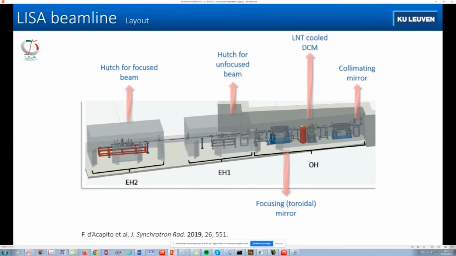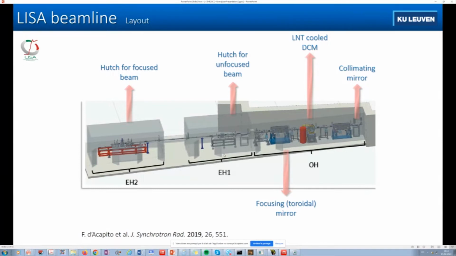And the most important is the monochromator, which is a double crystal silicon that has to define the exact wavelength, because you know that the light coming from the X-ray source is white. So it has all the wavelengths. So you really need to select the exact wavelength with the two crystals. So this is a big machine, and you also have this mirror for the focusing. And this experimental hutch is where you do your experiment.